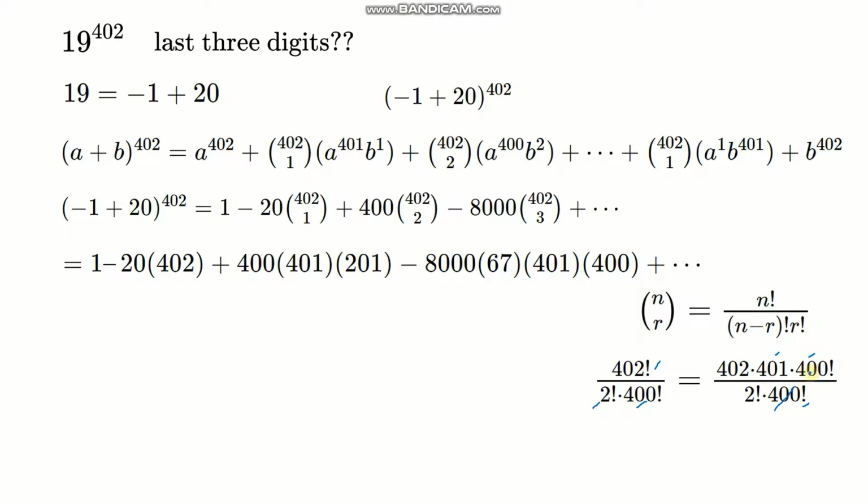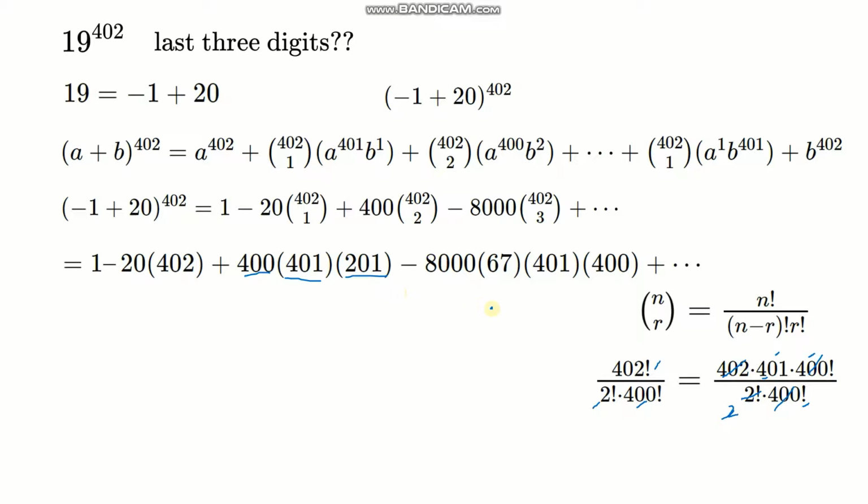The 400 factorial cancels, remaining 402 times 401 over 2 factorial, which is 2. So we can cancel out the 2, and it becomes 201 times 401. So the third term is 400 times 401 times 201.